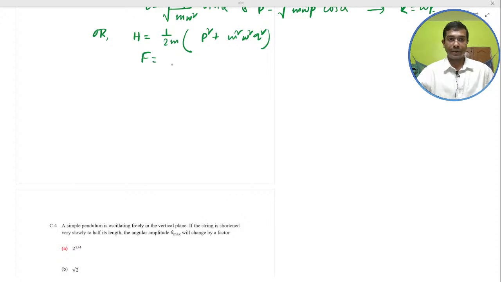So the F would become m omega q square by 2 cot Q. So p would become del F del q.